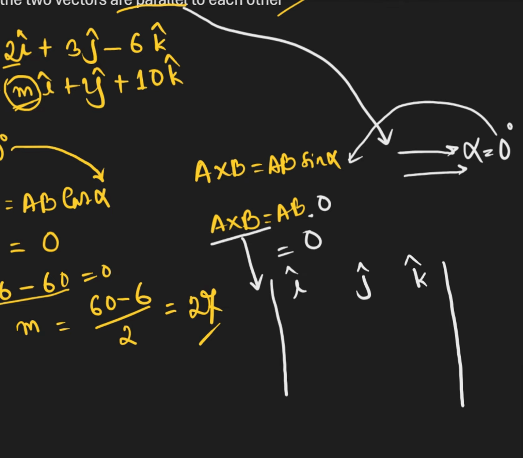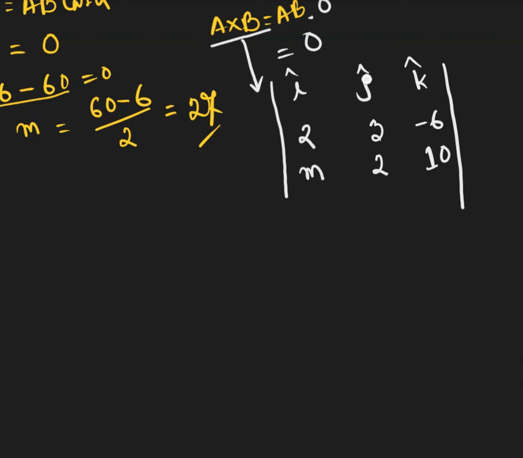So we'll have some values. This is 2, this is 3, this is -6. We take these values from the given two vectors, and here will be m, here is 2, and here is 10. By solving the determinant, we'll have an equation, and that equation is equal to 0. So we have to find the determinant of the matrix.